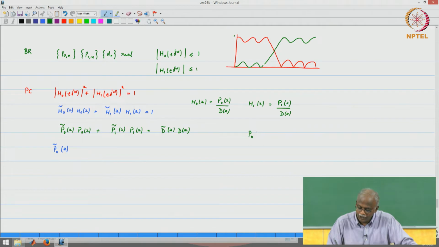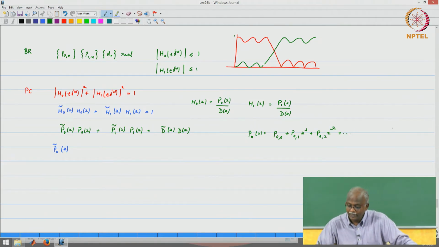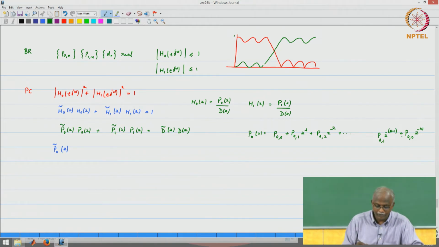If P0 of z can be written in the following form: P0,0 + P0,1 z inverse + P0,2 z^-2 and so on. Because of the symmetry conditions, the last term will be P0,0 z^-n, the one before that will be P0,1 z^-(n-1). So that will be the relationship.